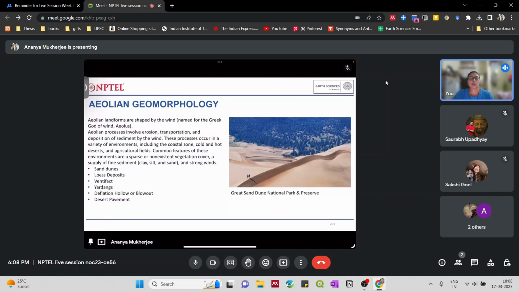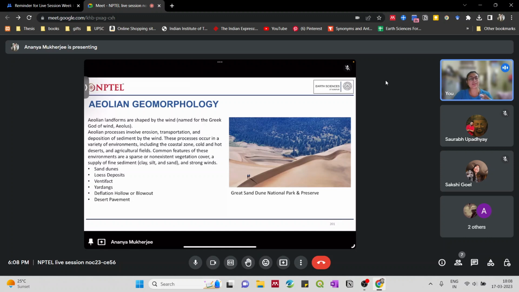Usually the sediments that are transported by wind are finer in size, like clay, silt, and sand. These are the sediments which are mostly transported by wind after they have been eroded, and then they are deposited.